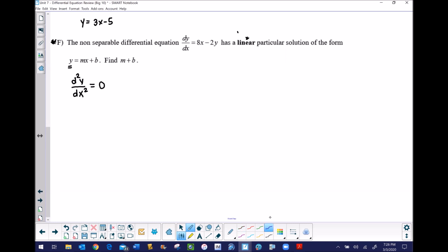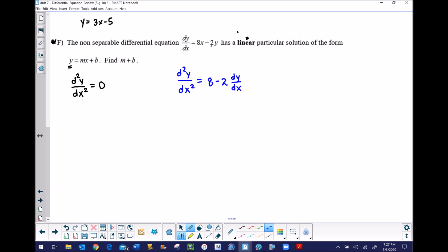Well, if we go back to this dy/dx and we take its second derivative normally, kind of like how we took a second derivative working that lizard problem today, and I know we had a question about that in the chat. I'll address that in a second. You can take a derivative of a derivative with respect to x, which means you would get 8 like normal, but then the derivative of minus 2y would be minus 2, but you have to tack on dy/dx.